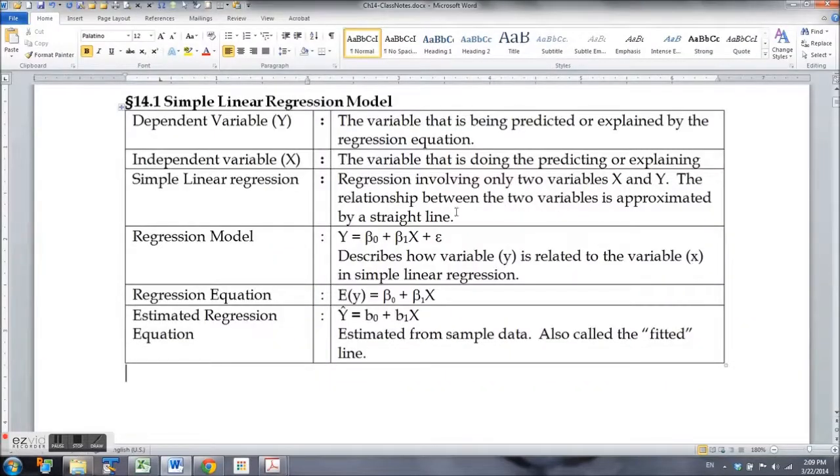Once we have the model, we want to estimate the intercept beta sub 0 with b sub 0, and estimate the slope beta sub 1 with b sub 1. In order to come up with these estimates, we have to take a sample of x and y values. So in the example, we can take a sample of college campuses and collect information about x and y.